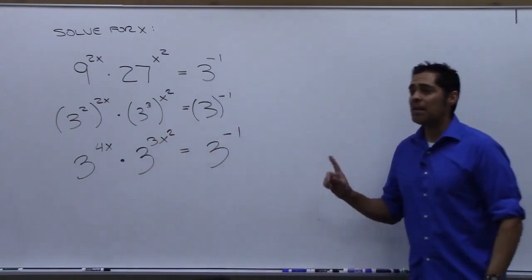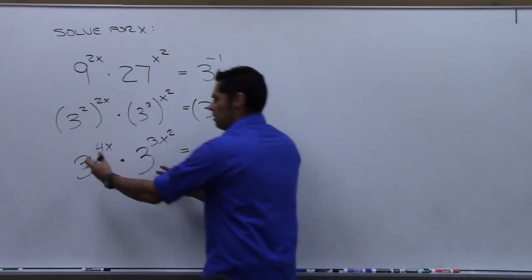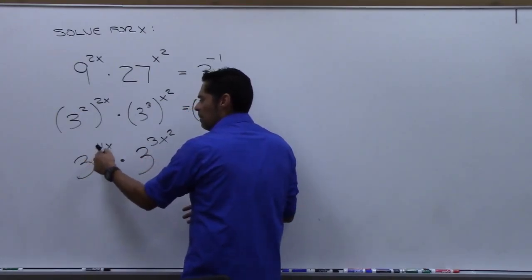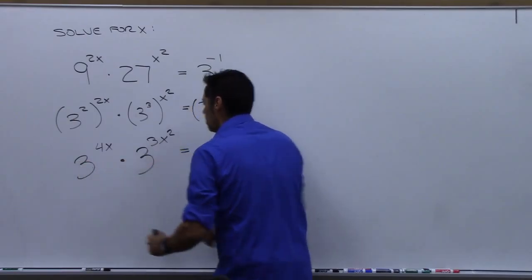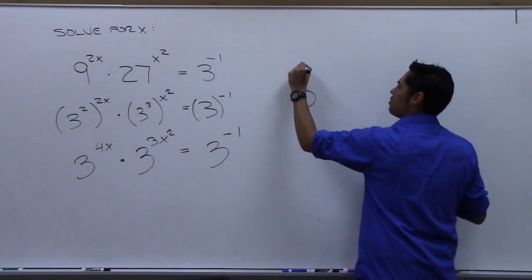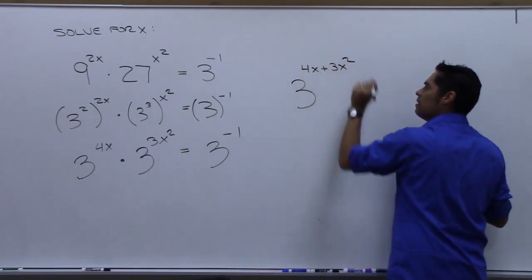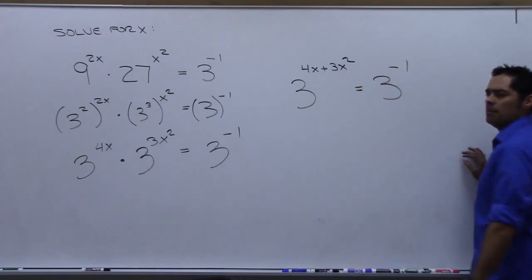Now you cannot match the sides up yet because this is two different things. Something to a power times something to a power: if they have the same base and we put them together with multiplication, what do you do to the exponents? You add them. So that should be 4x plus 3x squared equals 3 to the -1.